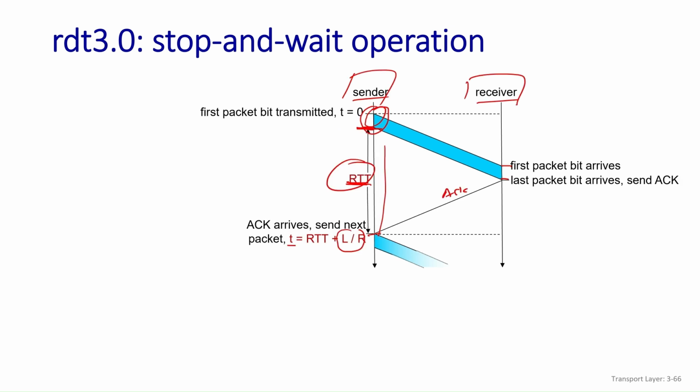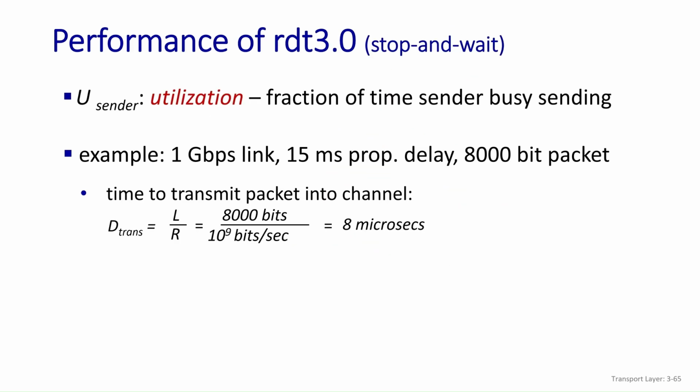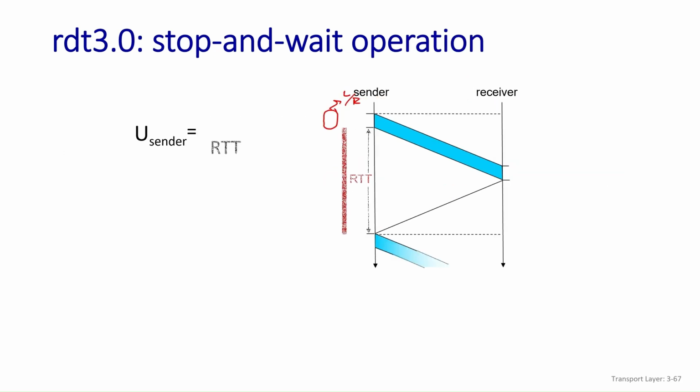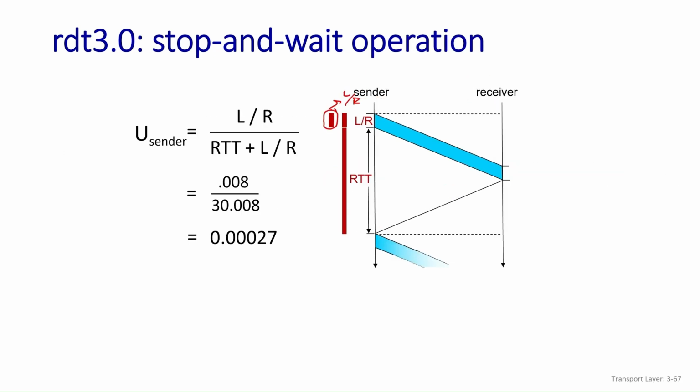By adding the RTT, which is the propagation delay of 15 ms times two. Now if I do this, the utilization of the link is 0.00027.